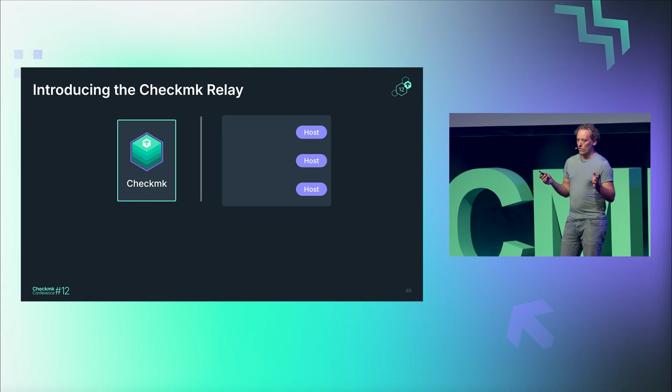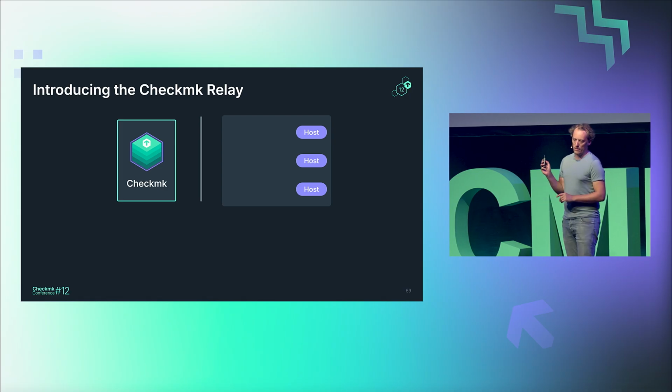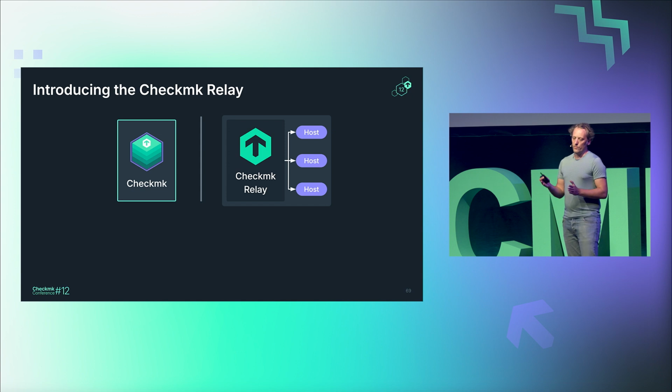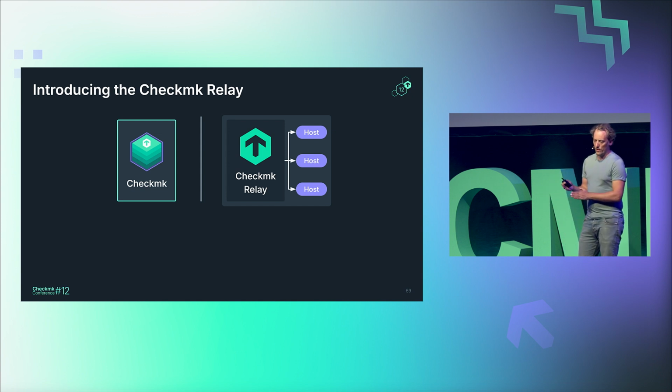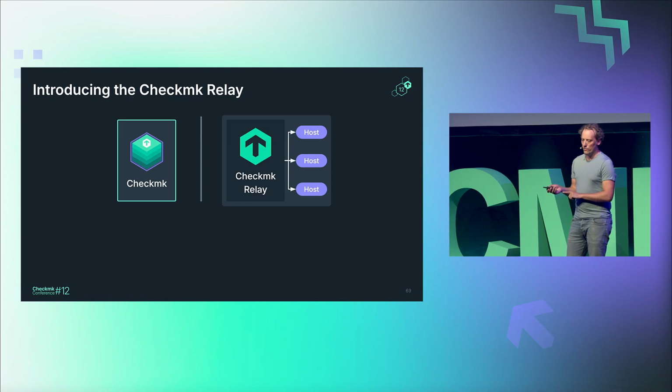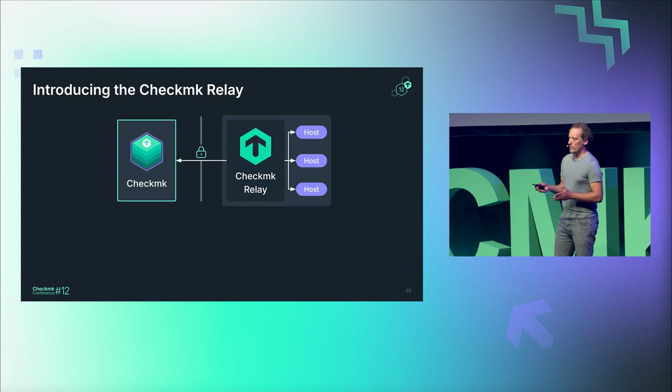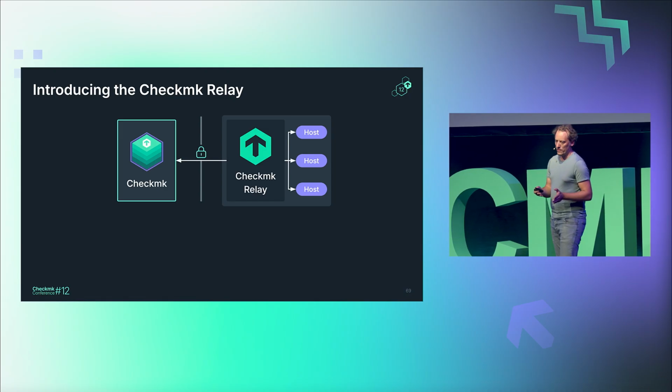So how does the relay work? This slide you already saw. Assuming the situation, you have a Checkmk site and you have a separate network where the monitored hosts are. You can't monitor them directly. So what you do is you put the Checkmk relay into the network where the hosts are, and the relay will fetch the data from the host and will push it, encrypted of course, to the Checkmk site.